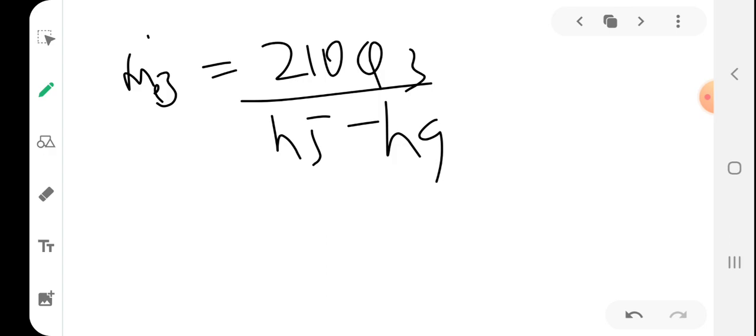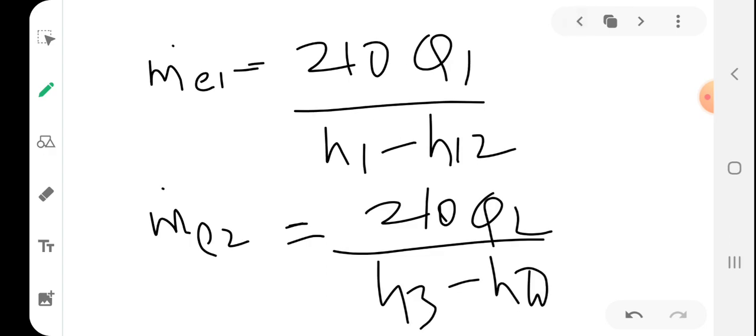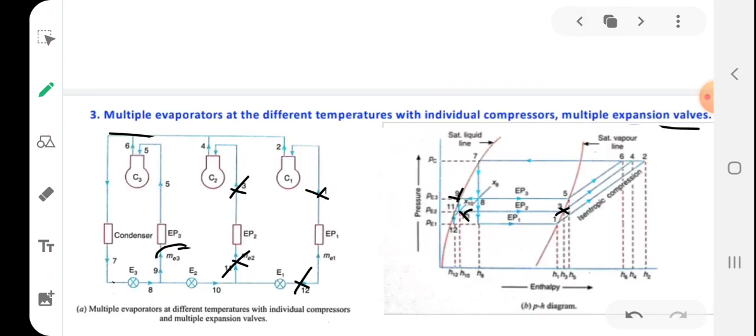Now we have to find the relationship between them. Students, there is a slight difference, a slight addition of mass of refrigerant flowing through evaporator 2. So what is that slight variation?